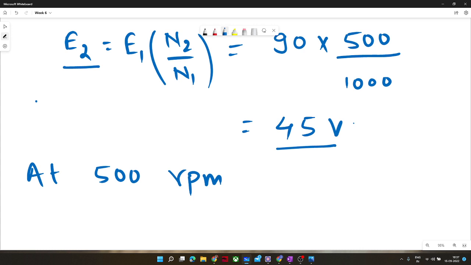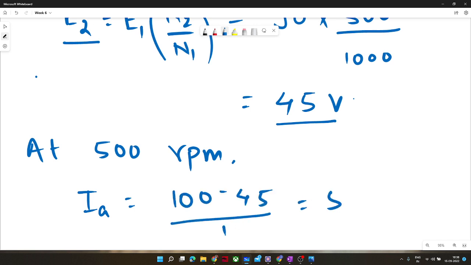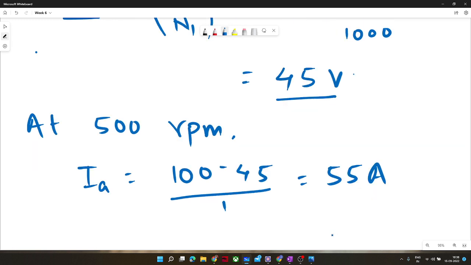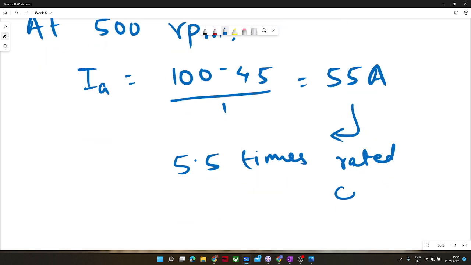But our rated voltage was 100 volt. If we leave the armature voltage at 100 volt, and this 45 volt is reduced due to speed, then the current would be 100 minus 45 by 1, that is 55 ampere, which is 5.5 times the rated current, which will not be acceptable.